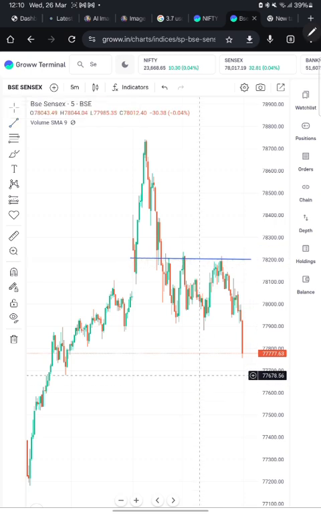If you see, the market has created its own barrier here. What do we call this barrier? I've already told you, that is called a resistance.